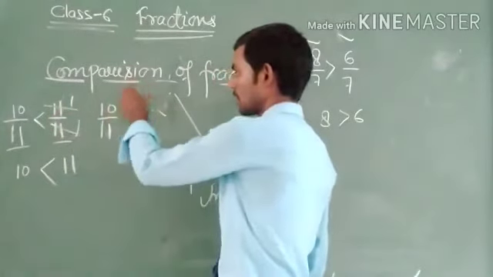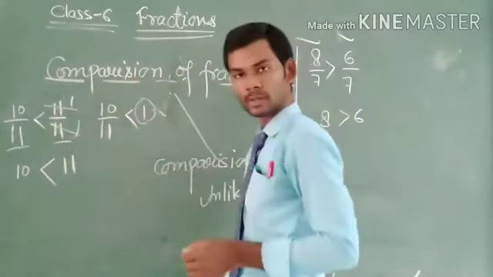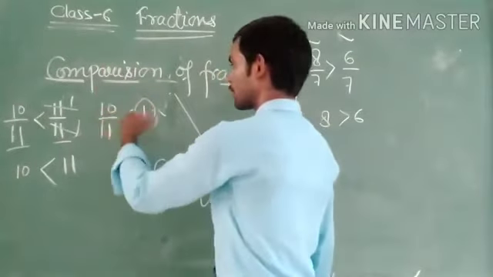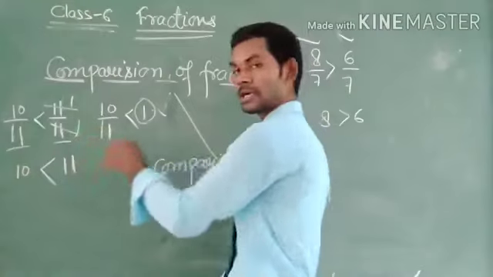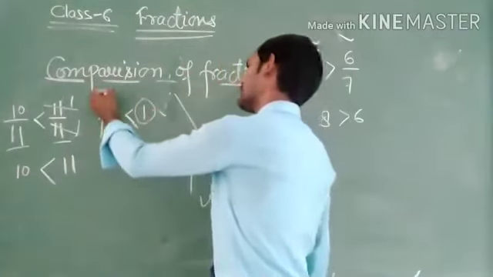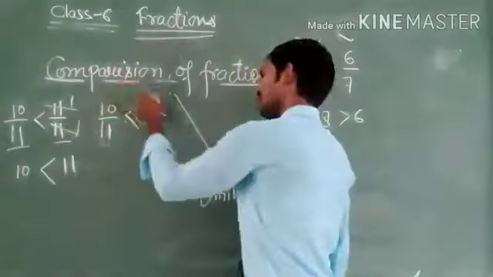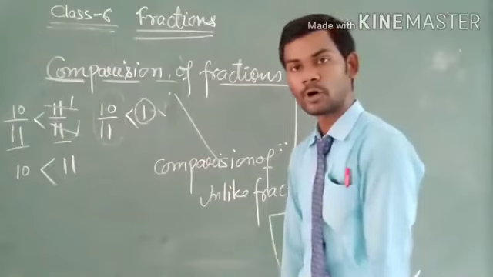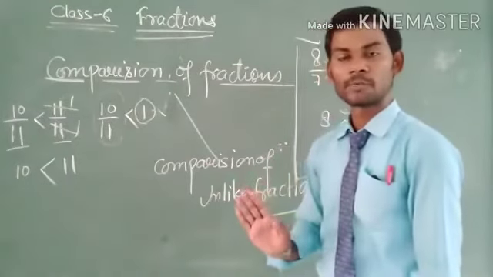That means 1 is the whole. Here we have divided 1 into 11 parts and taken 10 parts. That means it is obvious that 10 upon 11 will be less than 1 and 1 will be greater than 10 upon 11. I hope it is clear.